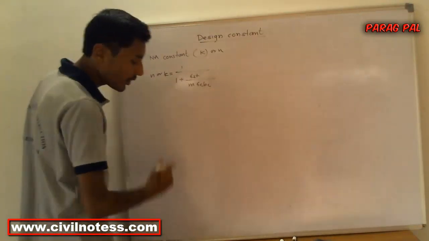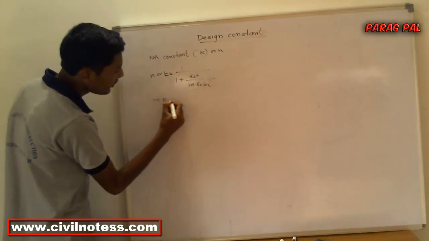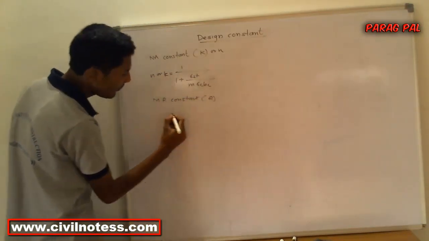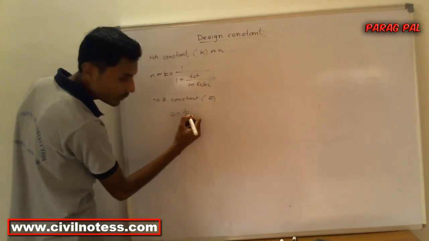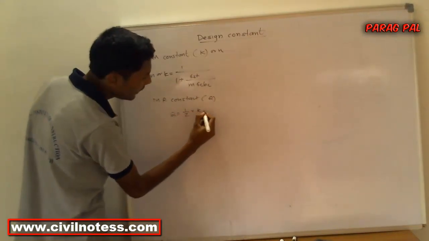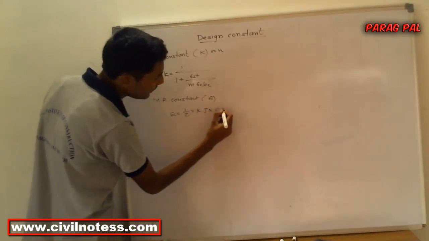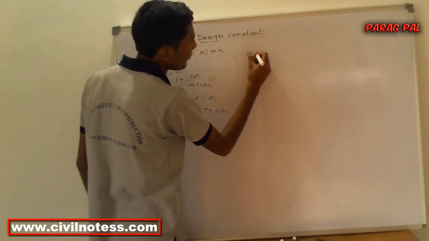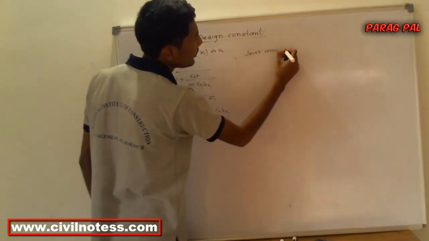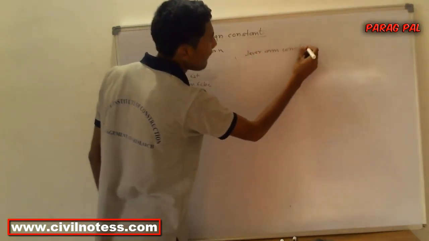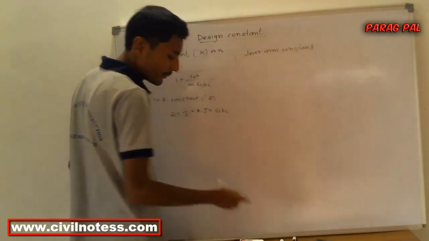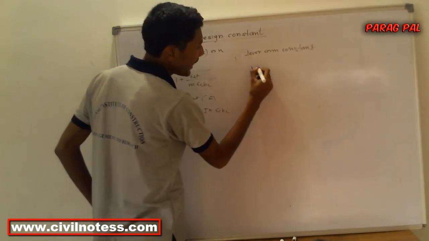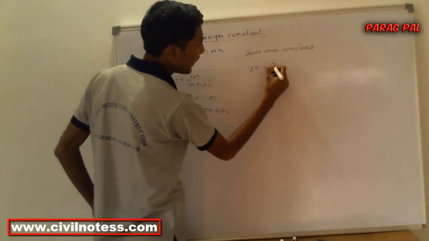Then we go for the moment of resistance constant, which is given by Q, and the formula is Q equals 1 by 2 multiplied by K into J into sigma CBC. Then we go for the lever arm constant, which is given by J, and it is given by 1 minus K by 3.